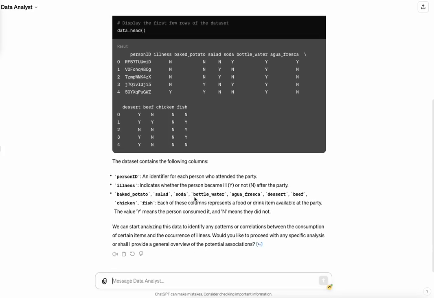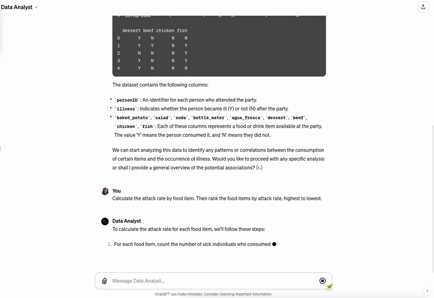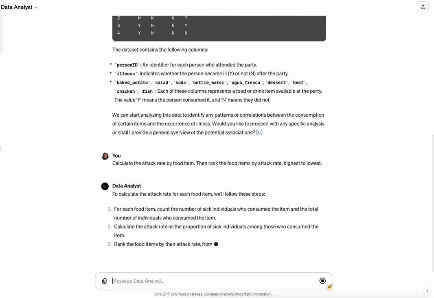One of the things that we do in outbreak investigations is look at the attack rate. So: calculate the attack rate by food item, then rank the food items by attack rate, highest to lowest. The attack rate is the number of people who are sick out of all the people who ate that food.